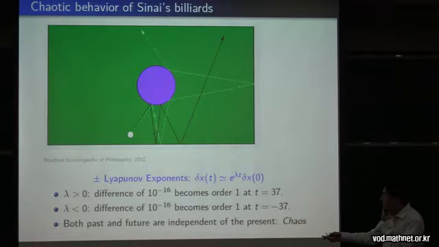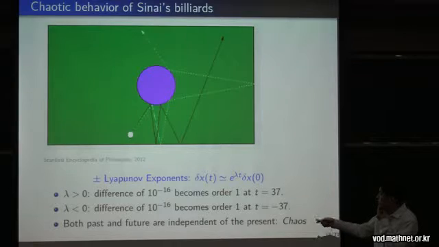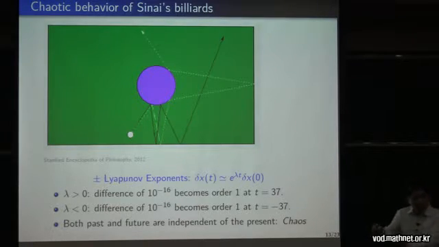And so when we have a positive Lyapunov exponent, we have a positive lambda here. At time 37, we have a very small change affecting us at a very large order, of constant order. On the other hand, the negative exponents tell us that the present, if we have just a small change of 10 to the minus 16th, actually came from, or resulted, if we go backwards in time, of constant order at time negative 37. So we move forward in time, and we also think of moving backward in time.